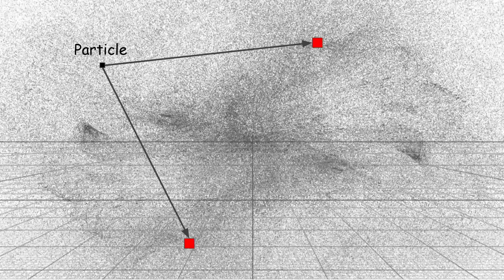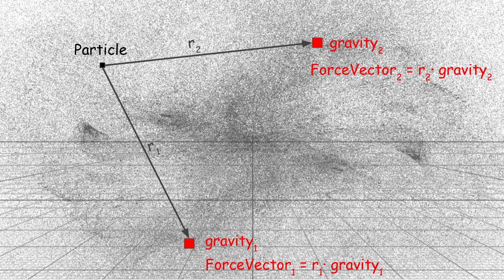The gravity of the black hole is represented by a scalar floating point, so we have to multiply it by the vector from the particle to the black hole to get the force vector. Naturally, the force decreases as the particle moves away from the black hole.